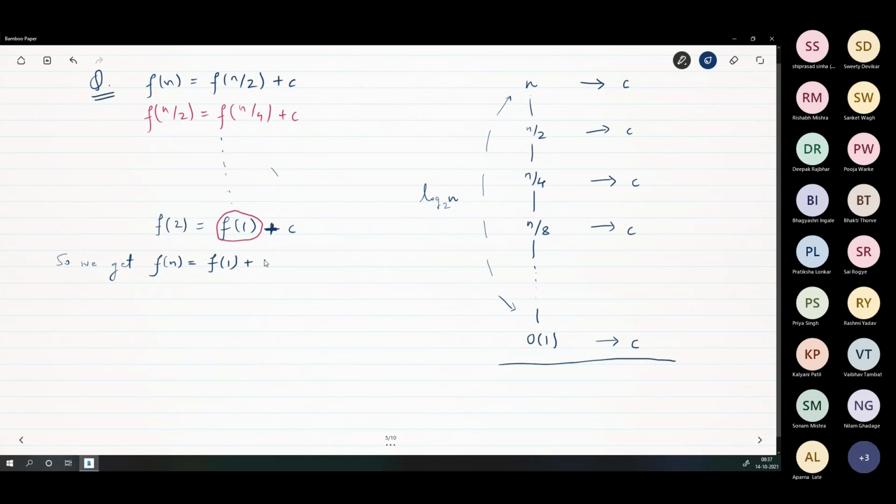You keep having c, c, c, and so on. How many times? Exactly log to the base 2 of n. So you have log n many c's. So f of n is equal to f of 1, which is 1, plus c log to the base 2 of n, and that is big O of log n. That is the final value of f of n.